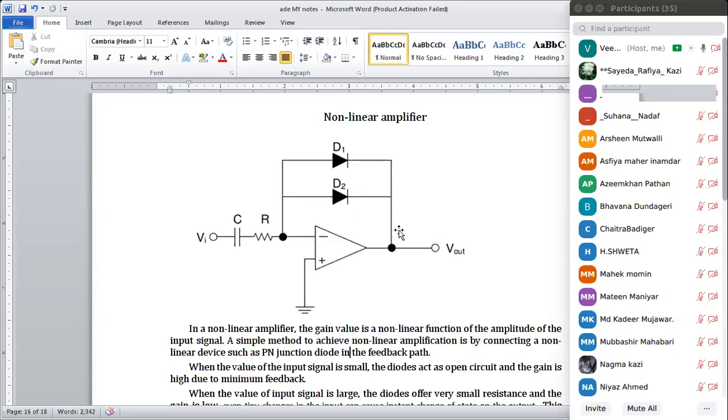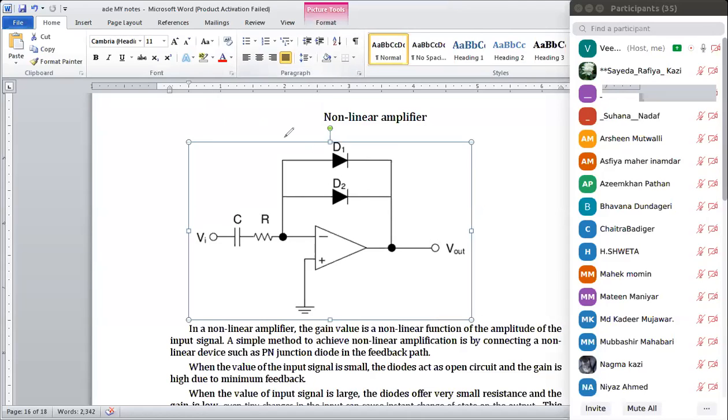But here we don't have a resistor in the feedback; instead we have diodes, D1 and D2, and these diodes are always non-linear, they produce a non-linear output. So when we use these diodes in place of a resistance, they generate a non-linear output at the operational amplifier. So how is it going to work?